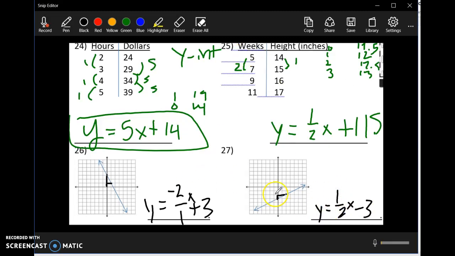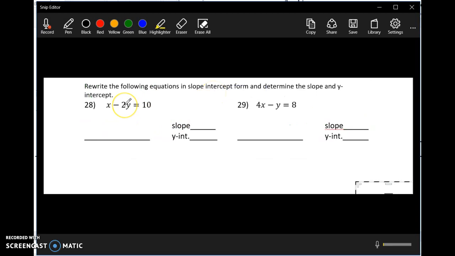Okay. So again, for any of your line equations, you want to find your slope and your y-intercept based on whatever information they give you. Okay. So for this one, we're going to find its slope and its y-intercept. This is not in a good form because I don't know what its slope and its y-intercept are. So I've got to get it in slope-intercept form, which means I've got to get y by itself.